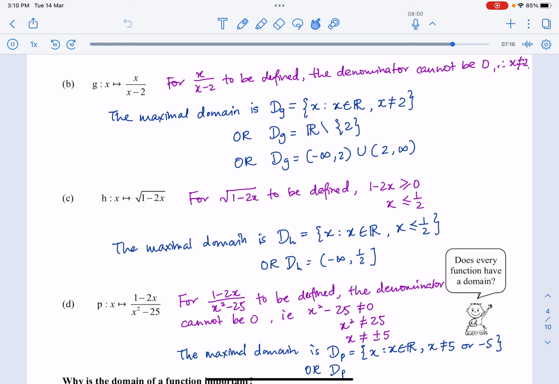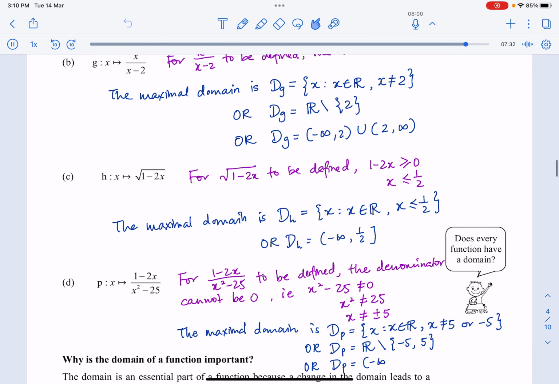Or you can write it in this form: all real numbers but exclude the elements negative 5 and 5. And in interval notation, it is written as negative infinity to negative 5, round bracket because it excludes minus 5, and union, excluding 5 to infinity.